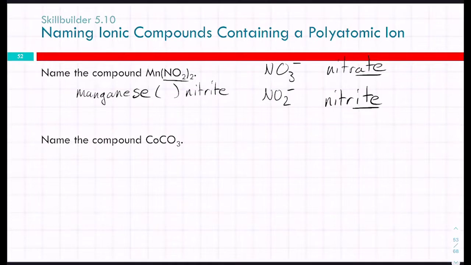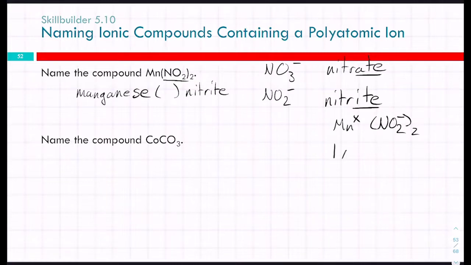And then we can solve an equation for manganese's charge. Like we were doing before, it's manganese with a charge of X, and then 2 NO2s, each with a 1 minus charge.